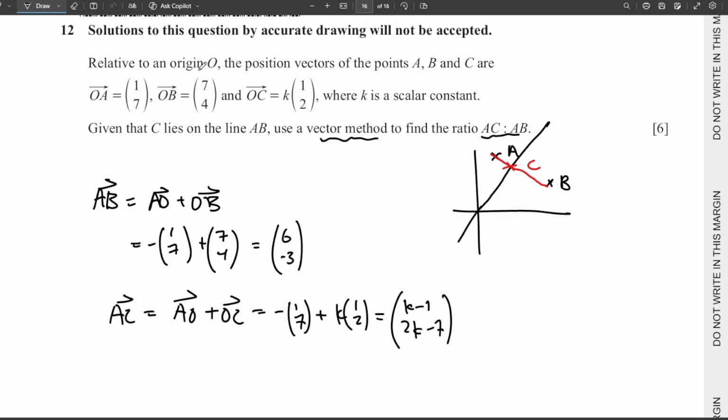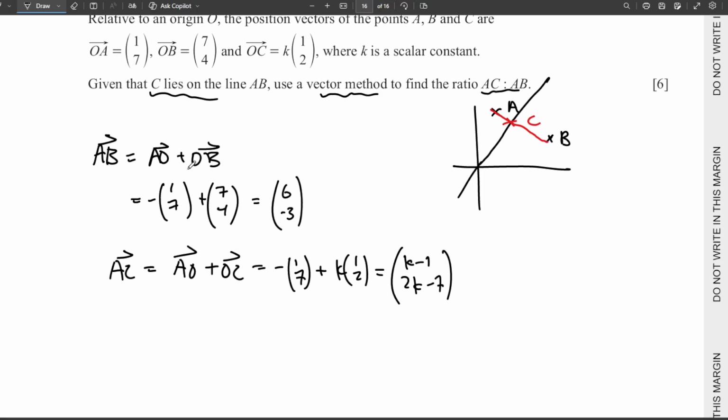We found these two vectors, and we also know that C lies on AB. So AC and AB are collinear, which means they are scalar multiples of each other. So we let lambda, usually it's lambda, be a scalar multiple.